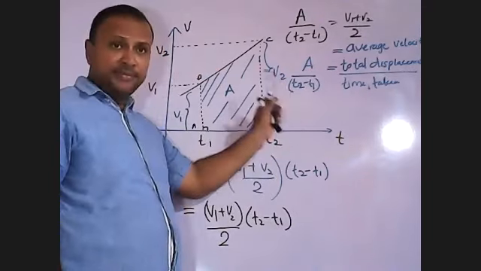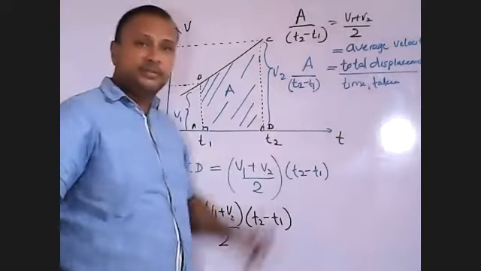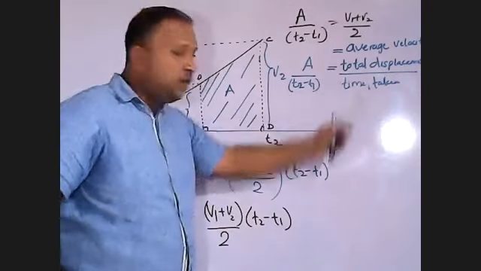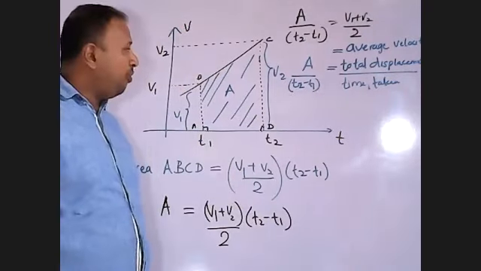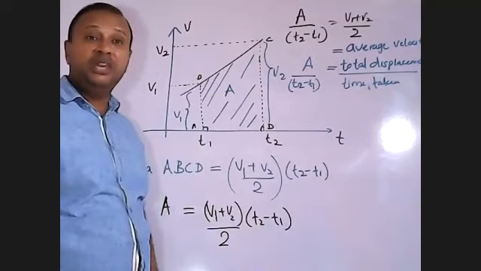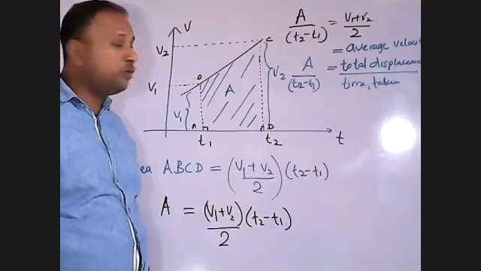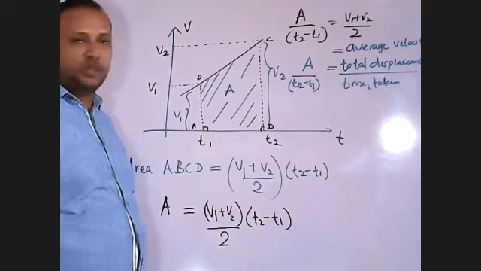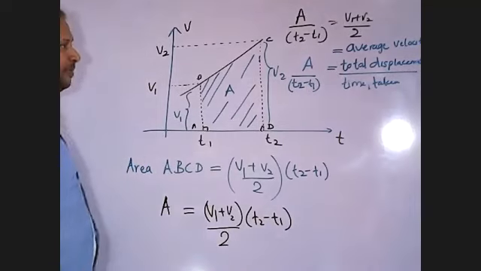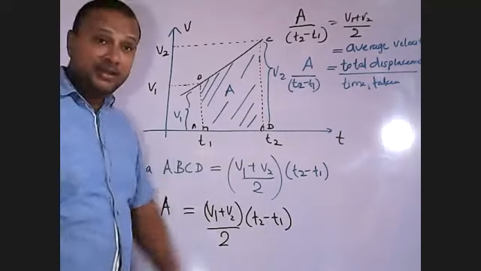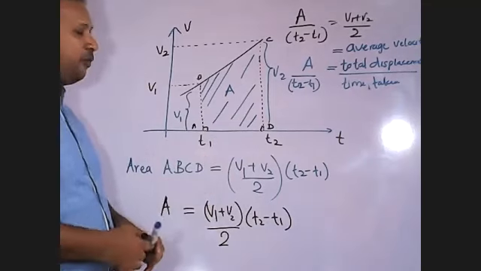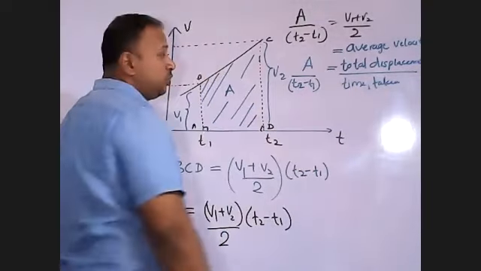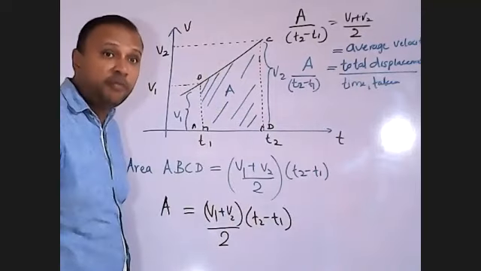You can clearly see the denominator of both sides is equal to time taken. Therefore, the numerators should be equal to each other. That means the area should be equal to the total displacement within the T2 minus T1 time period. Time taken is T2 minus T1, so T2 minus T1 will be cancelled out from both sides.